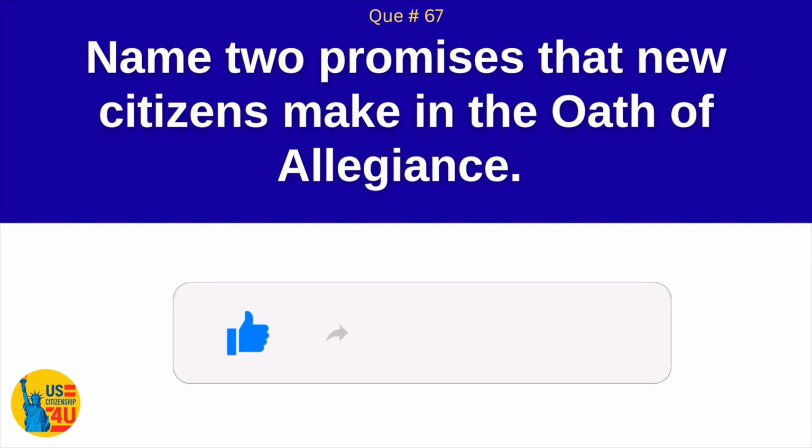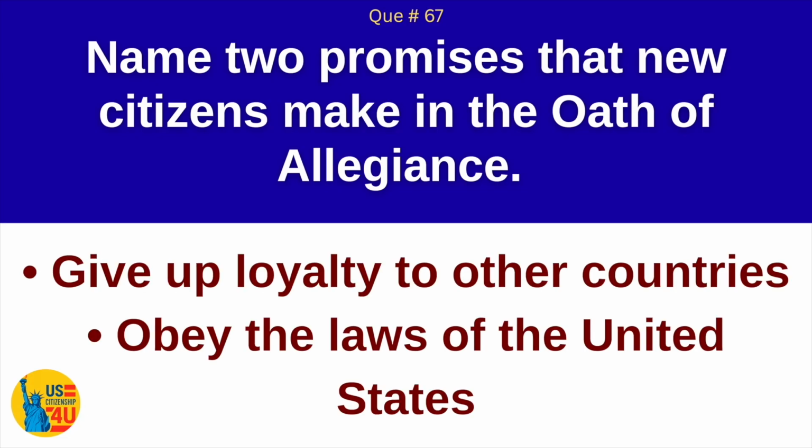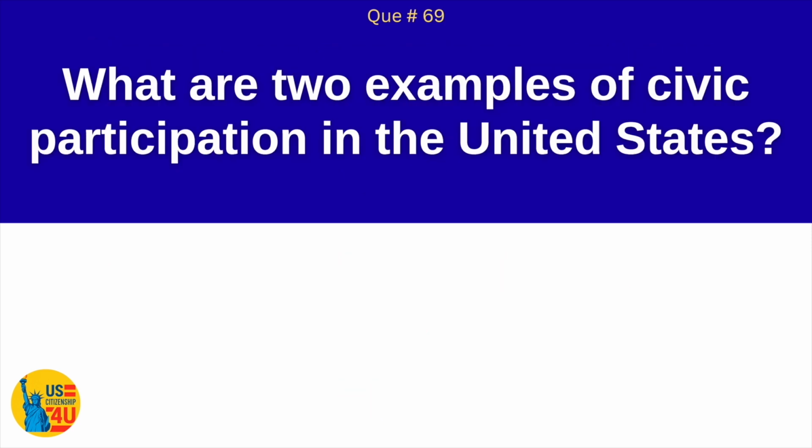Name 2 promises that new citizens make in the oath of allegiance. Give up loyalty to other countries. Obey the laws of the United States. What are two examples of civic participation in the United States?